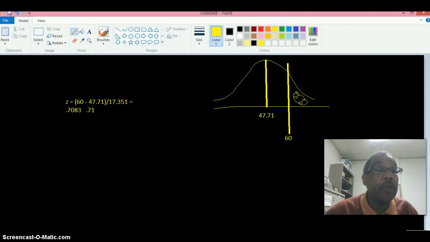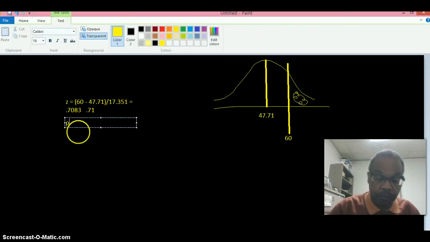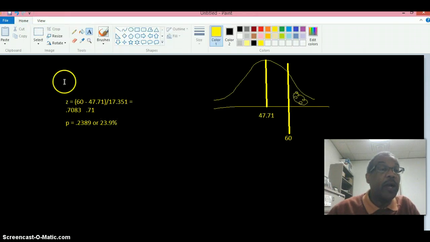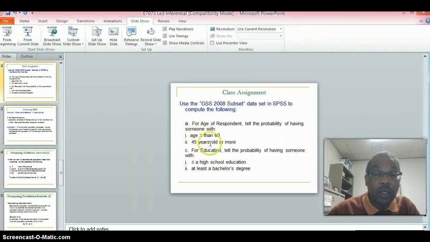So our probability would be 0.2389 or 23.9%. All right, and while we're at it, let's go to the second question, and the second is 45 years old or more.